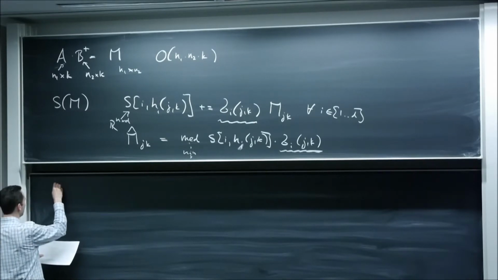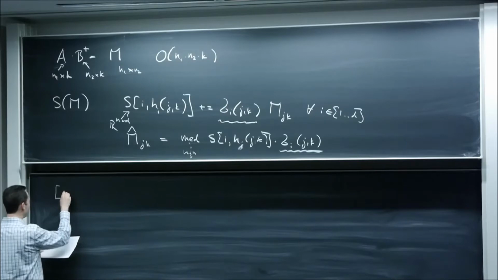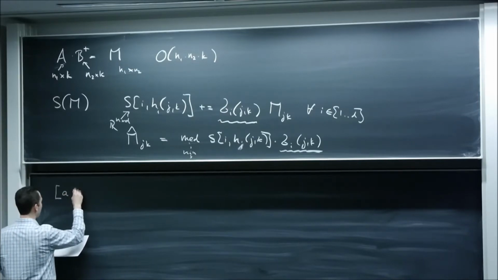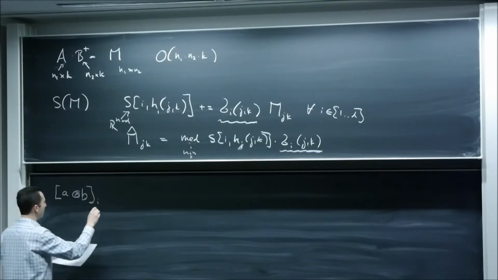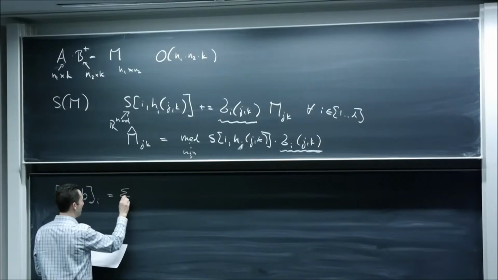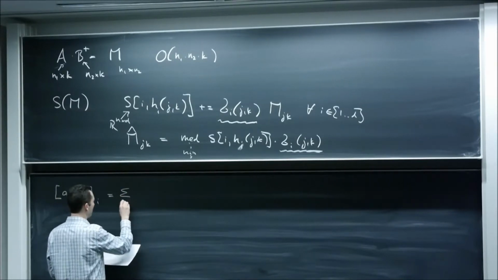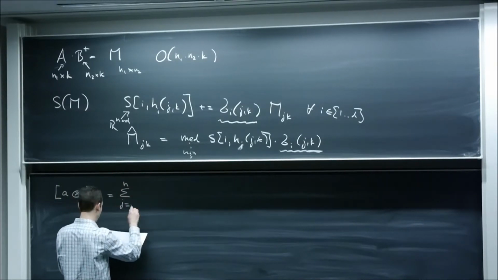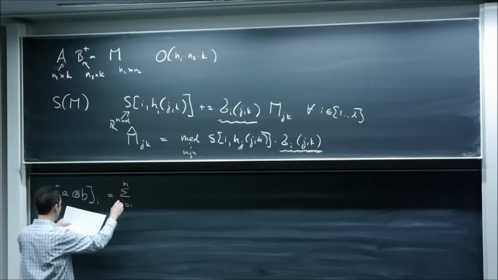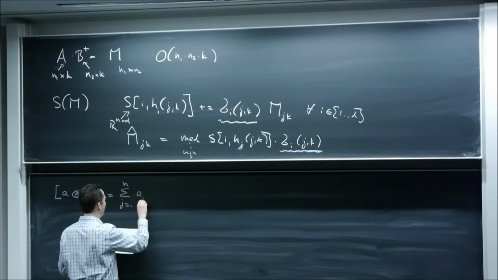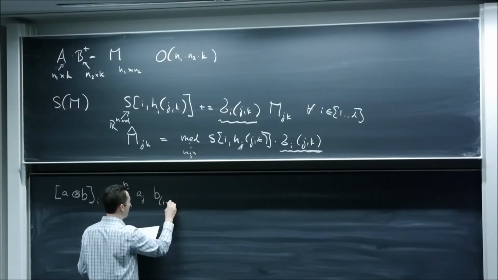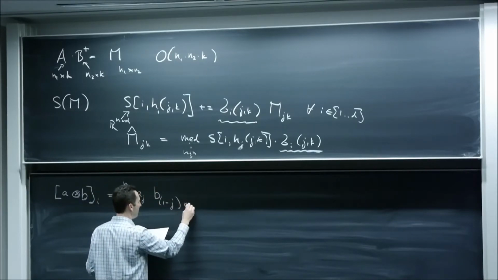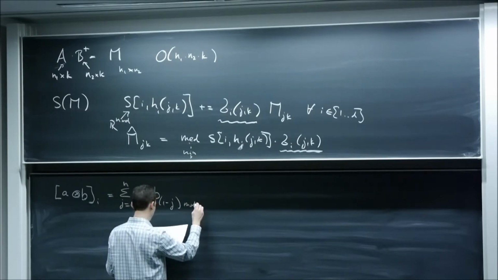So I'm going to define A convolved with B, index I, to be the sum over all j going from 1 to n, assuming that they're both n vectors, of aj b of I minus j mod n.